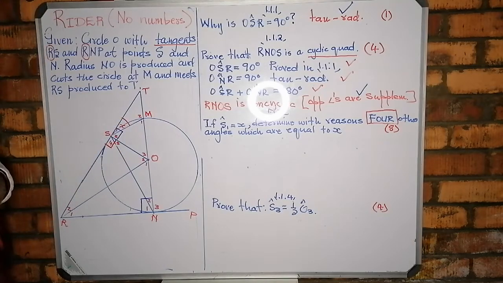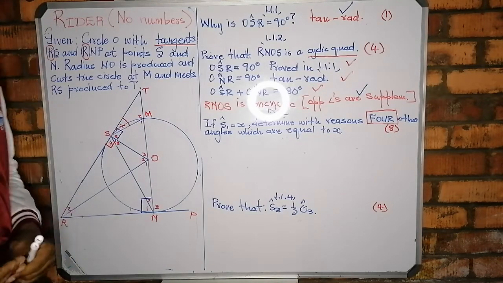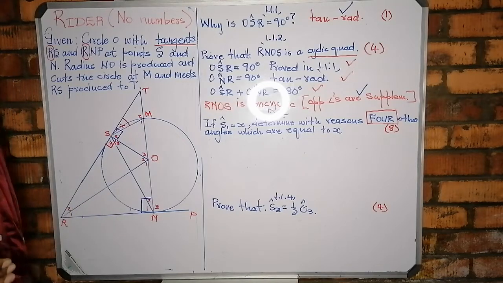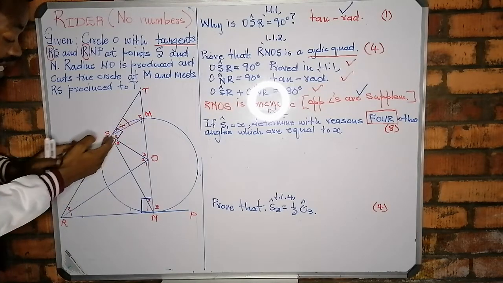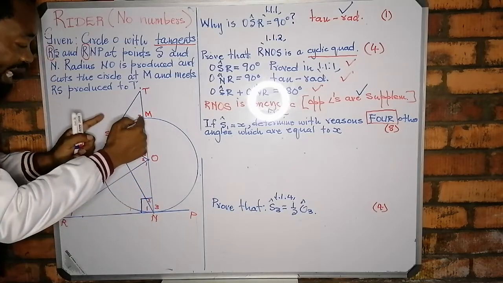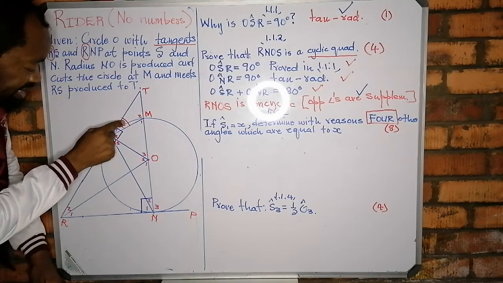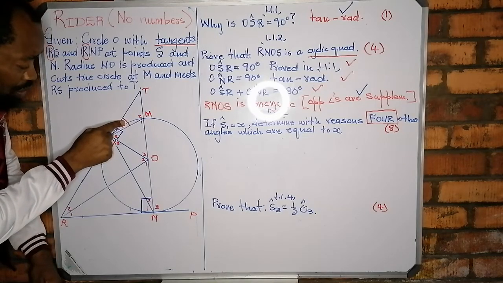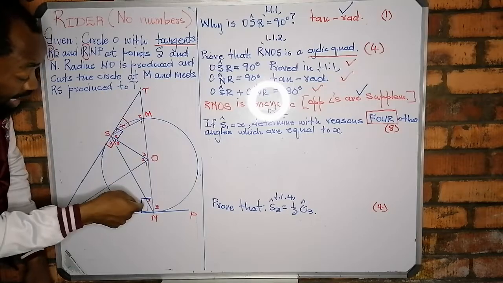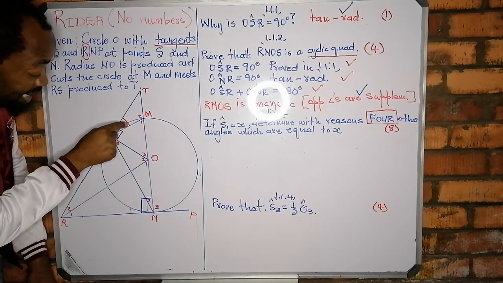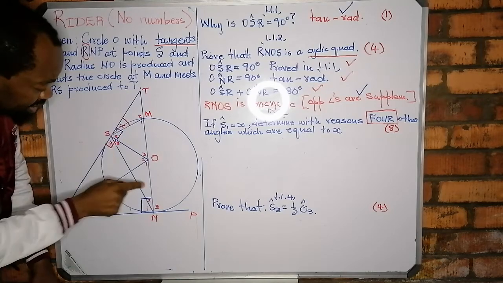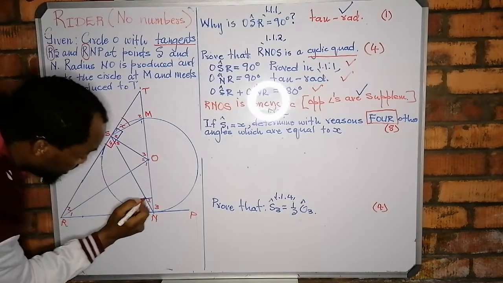Still remember that theorem? The angle between the tangent and the chord is equal to the angle subtended by the chord in the alternate segment. This angle is equal to the angle which is subtended by this chord in the alternate segment, there's a minor segment, there's a major segment. That means this angle is equal to this angle.